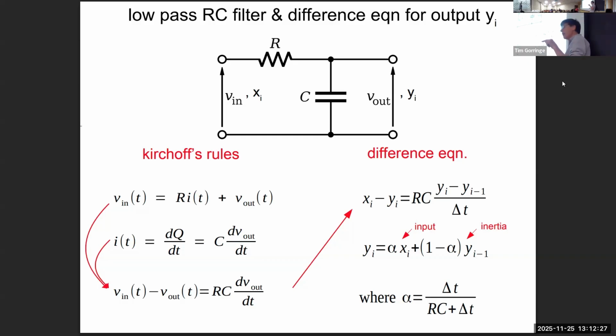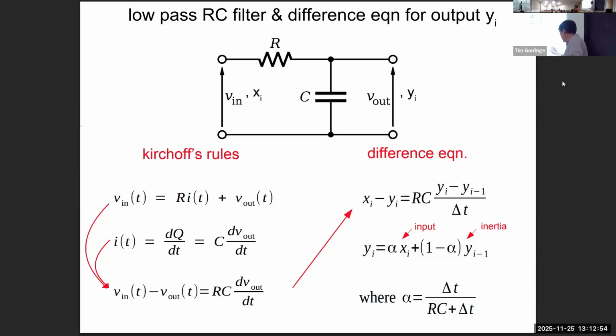If RC is big, let's imagine now RC is much bigger than the time interval between your samples, then alpha becomes very small, and so feedback starts to dominate your recursive relationship here.